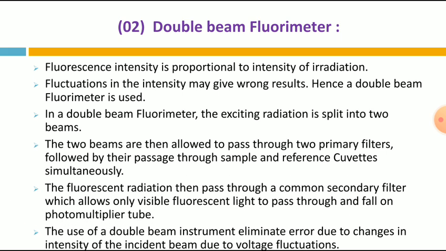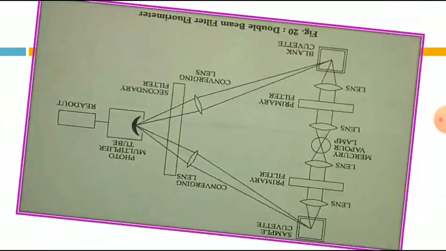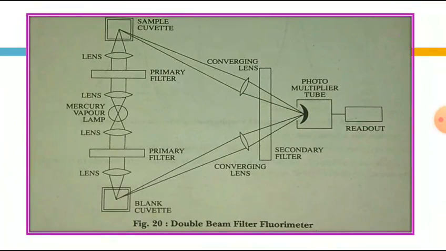The use of a double beam instrument eliminates error due to changes in intensity of the incident beam due to voltage fluctuations. So this is the double beam fluorimeter, or you can say the double beam filter fluorimeter.